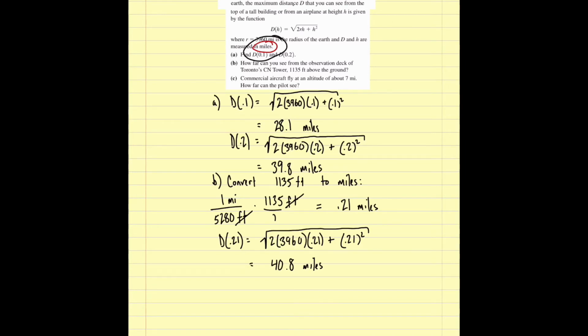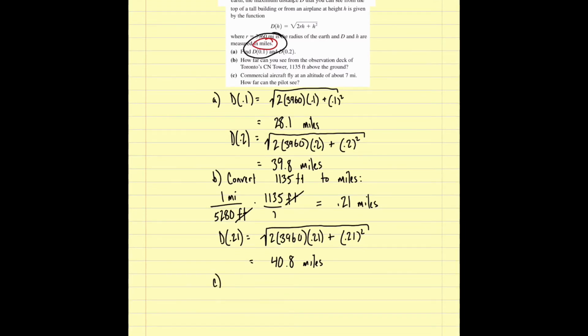So C, this is getting a little repetitive, but we'll finish it anyway. C is commercial aircraft fly at an altitude of about 7 miles. How far can the pilot see? That's in miles, so it's just to plug in 7.